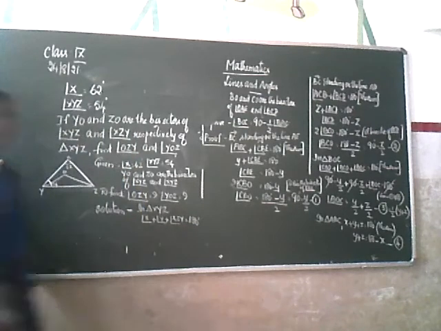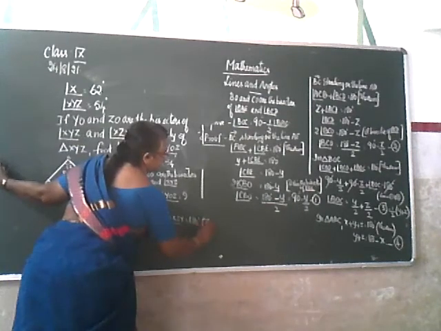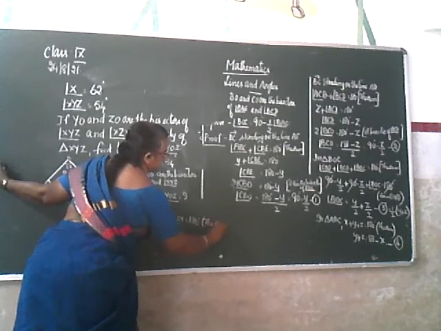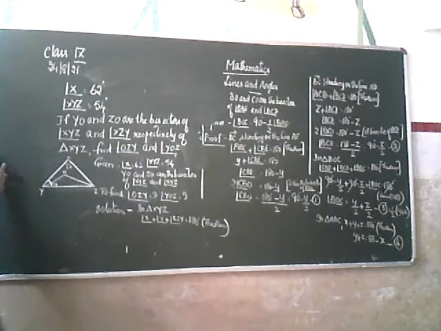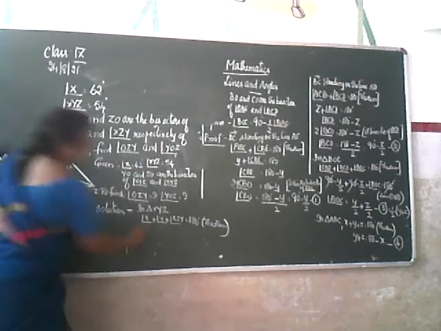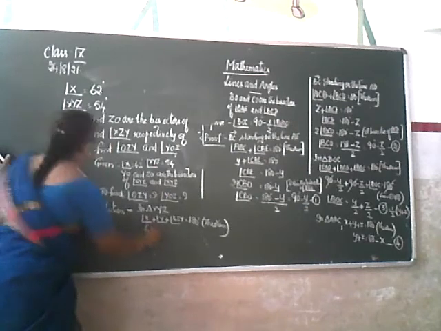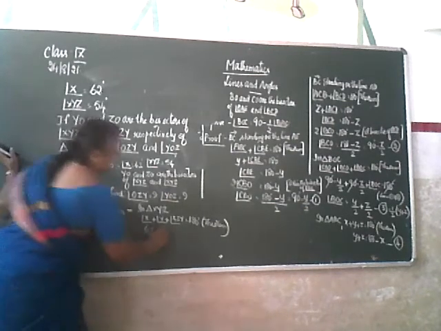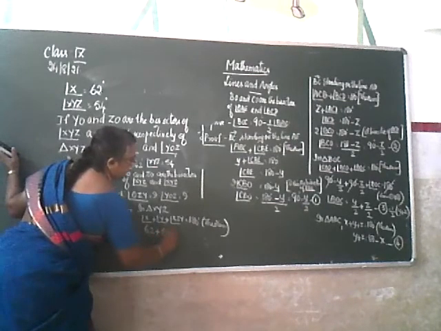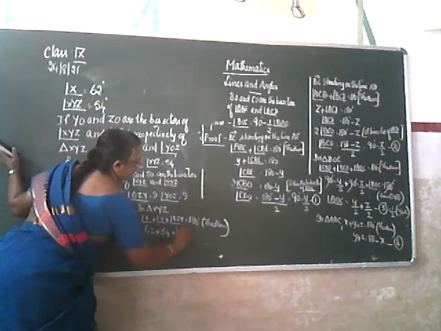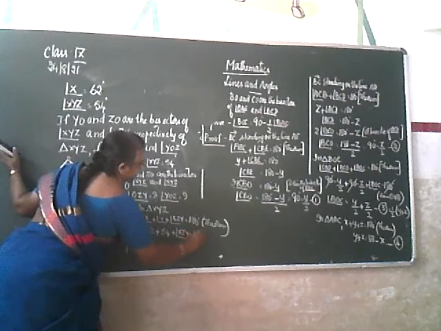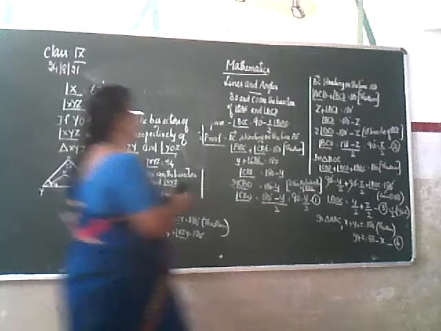So this is by angle sum property of the triangle, which is equal to 180 degree. So what is X? X is given as 62 and Y is given as 54 plus XZY is 180 degree. So what is 62 plus 54?